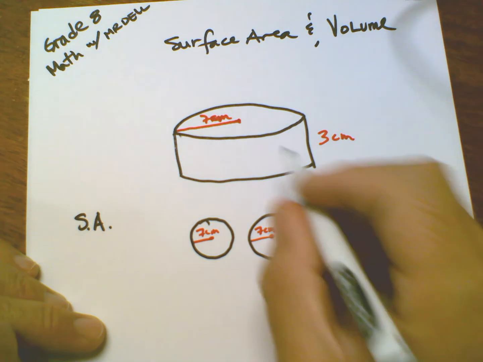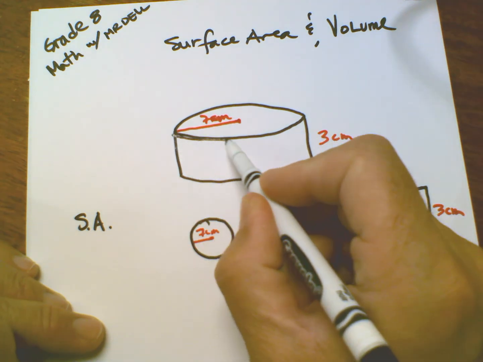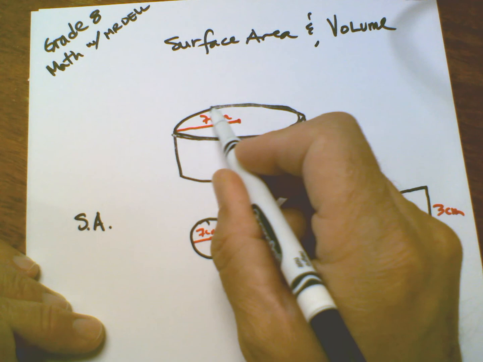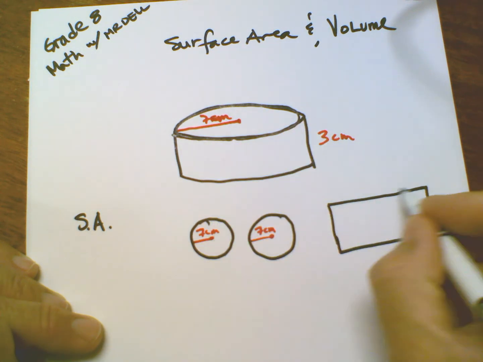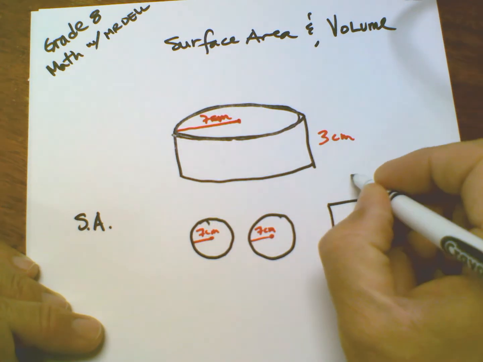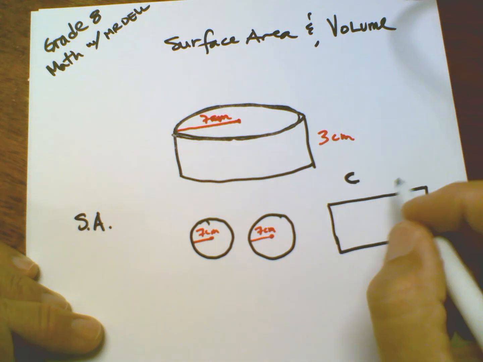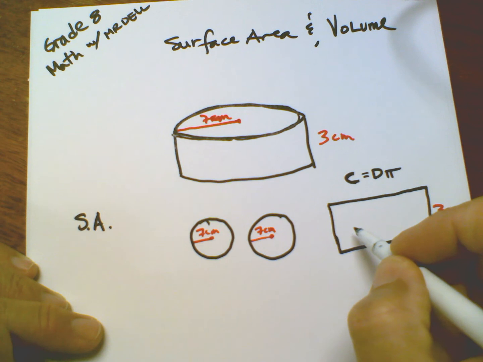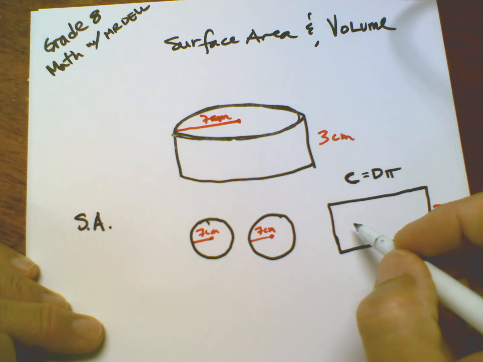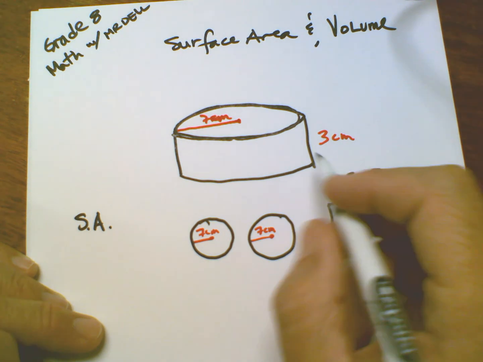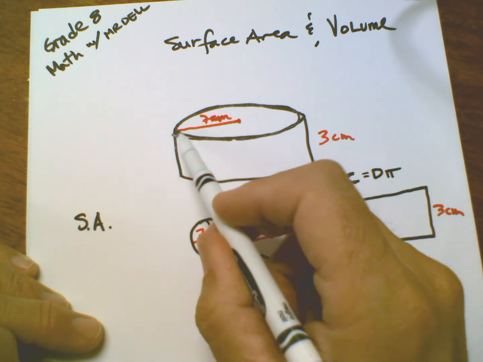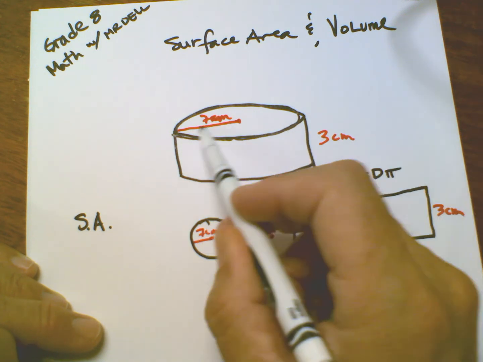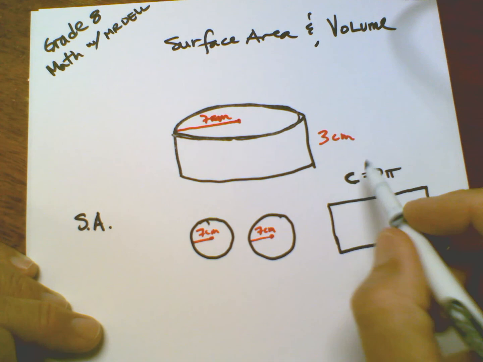Well, that length, if you think about it, is the distance around the circle. So that length is the circumference. How do you find the circumference of a circle? If you forget, it's the diameter times pi. Diameter really is the length of the circle from end to end, so it's basically twice the radius.